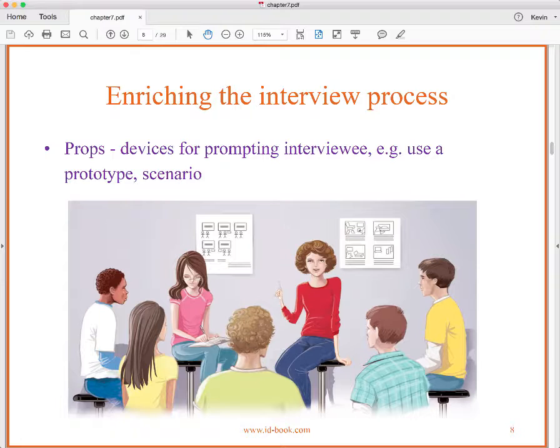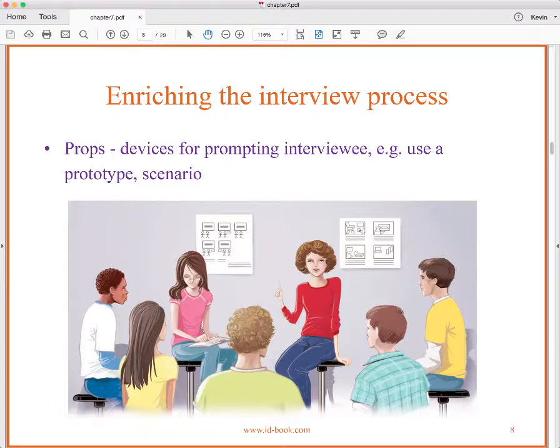We can enrich the interview process by bringing up props. Okay, what could they be? Well, let's say we're trying to design something. Perhaps we would bring a prototype. If we're trying to design a product that competes with several other products, maybe we would have one of each of the competing products for us to refer to.